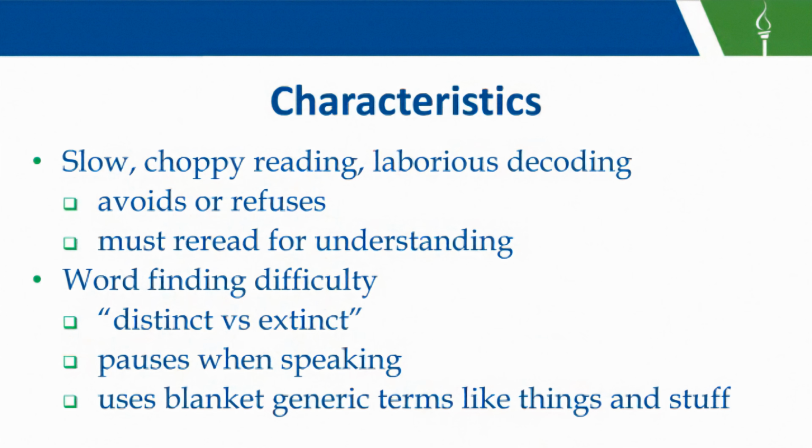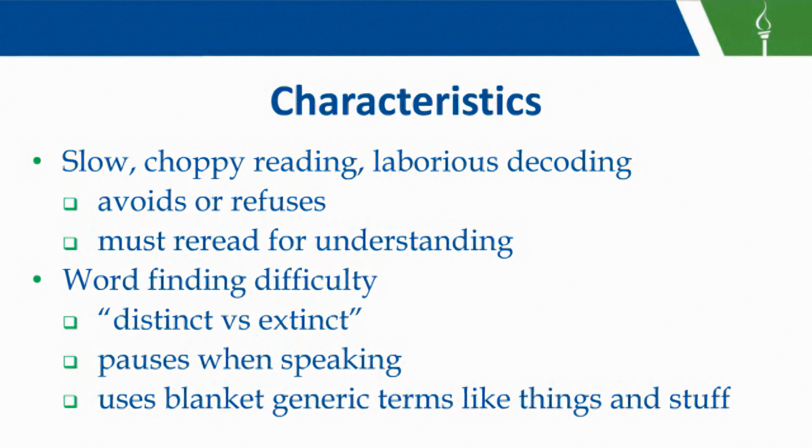Classroom characteristics that might be displayed in our 6 through 12 students would be slow, choppy, and laborious decoding. Now, many of our teachers may not have the opportunity to listen to a student as they read aloud, but this is an opportunity to observe some of their characteristics and note the time needed for a student to complete a reading assignment, or compare them to their classroom peers and make note of how they might be keeping up or not keeping up with them.